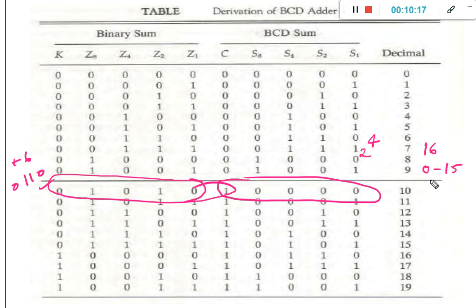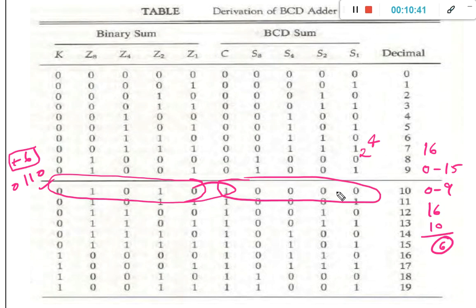However, we are not considering from 0 to 15. We are taking only from 0 to 9. That is only 10 symbols. Among the 16 symbols, we are taking 10 symbols. So what is the remainder? 6. So that's why we need to add plus 6. Then only we are going to get the correct result. Okay. So that should be noted by you.